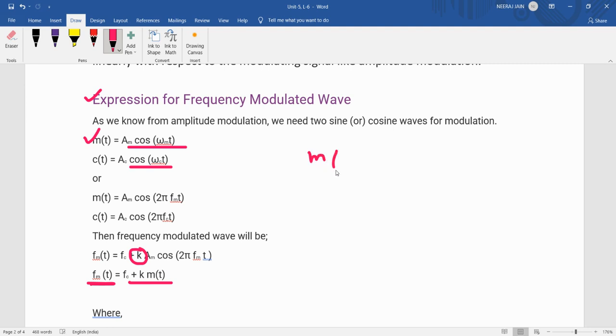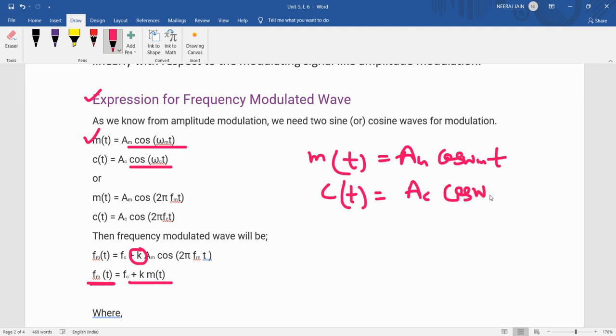as we change the amplitude, suppose the message signal is given by Am cos(omega m t) and the carrier signal is given by c(t) = Ac cos(omega c t), that we studied. Now in the case of amplitude modulation, c(t) is modified, meaning the amplitude of the carrier is modified.